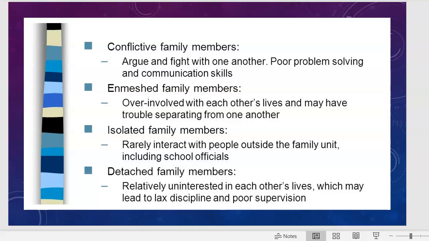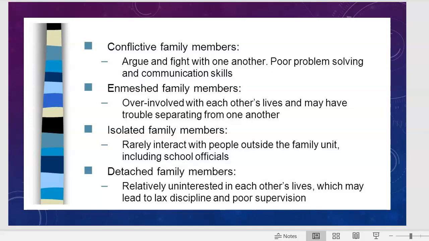So these are four types of reactive family emotional processes. One is conflict within family members. They argue, fight, and show aggression, which results in poor problem solving and communication skills. The second reactive dynamic is when family members are enmeshed.